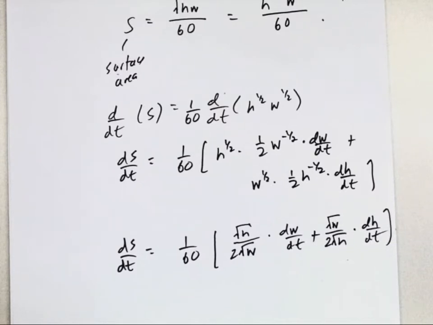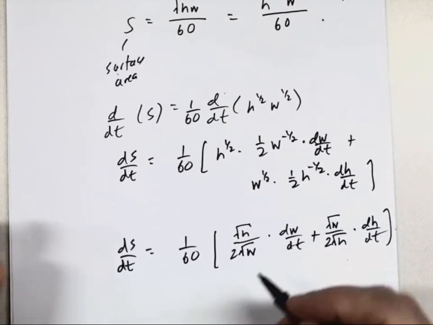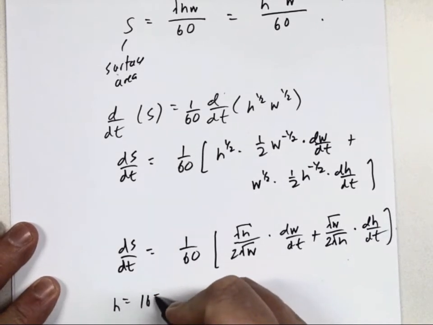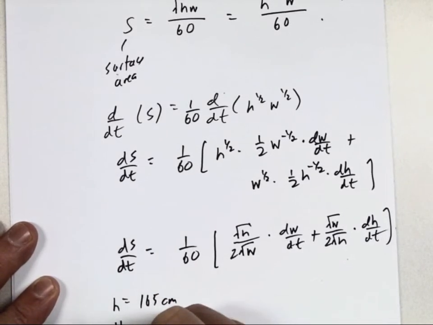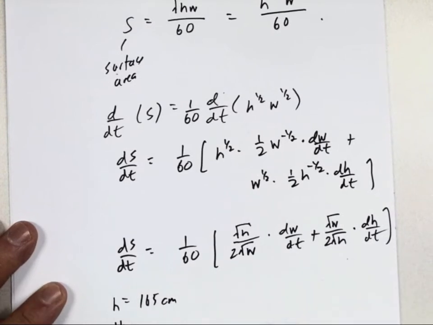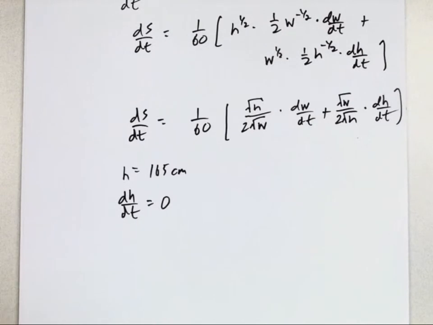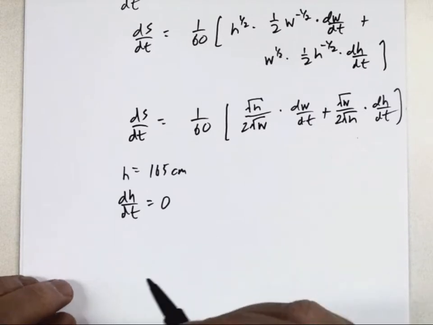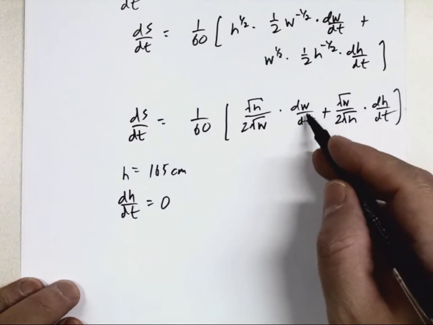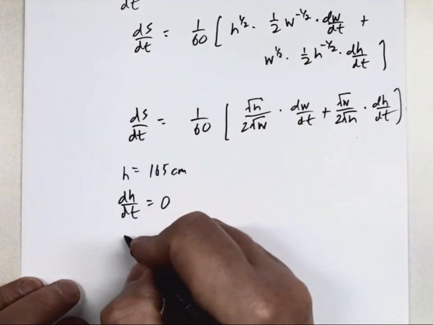So they say, assume that Kim's height is a constant 165 centimeters. You know what that means? Her height, because it's a constant, I have this dh dt, you know what that means? If something's constant, that means dh dt is 0. It's not changing. But she is losing weight, and she loses 2 kilograms per month. So the rate at which she's losing weight is dw dt.